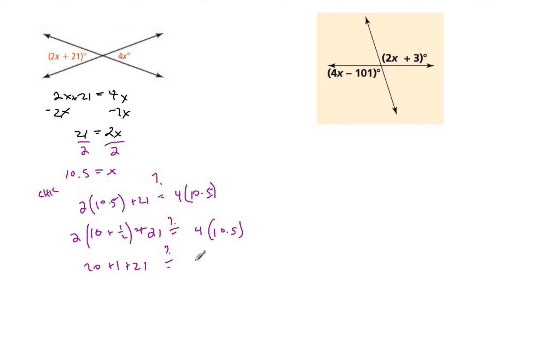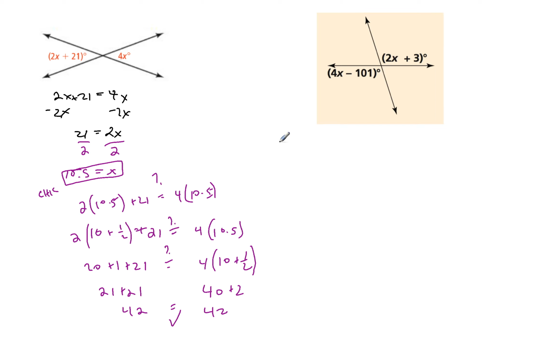Is this equal to 4 times 10 plus a half? You should try to get into the habit of doing math without using a calculator. 20 plus 1 is 21, and 21 plus 21 is 42. Is 4 times 10 plus a half also equal to 42? 4 times 10 is 40, and 4 times a half is 2, and sure enough, 42 is equal to 42. So our answer, x equals 10.5, is correct.